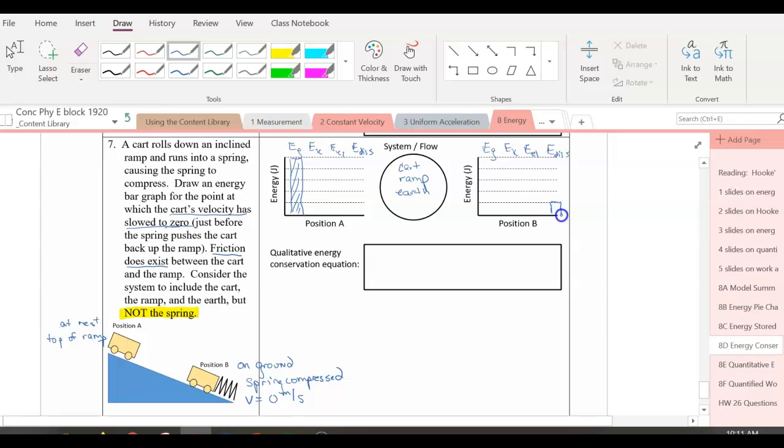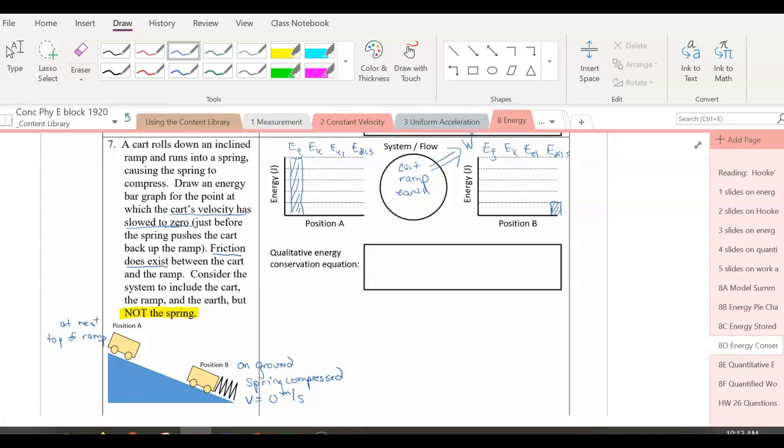Okay, so I've got some dissipation, because as the cart moved down the ramp, there was friction that had to be overcome. But I started with 5 blocks of energy in the system, and at position B, there's only 1 block of energy in the system. It clearly has less energy than it started with. What happened to that energy? Energy has left the system. It's been transferred out of the system and into the system that has the spring, right?